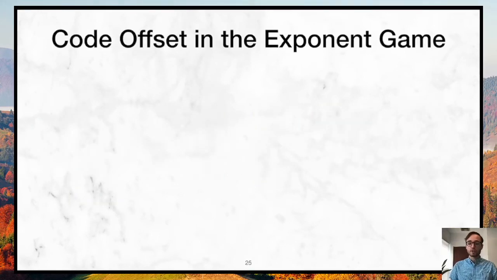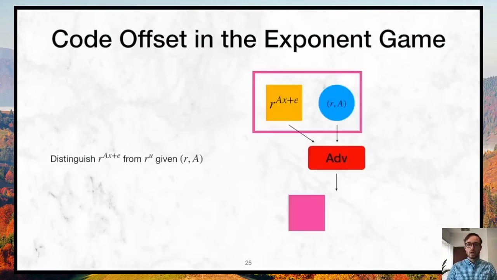For security of our scheme, we give an indistinguishability game. The adversary is tasked with distinguishing a noisy code word in the exponent of a group from a uniform value in the exponent of a group, given the generator of the group and the code A. In the pink case, the adversary actually receives the noisy code word.